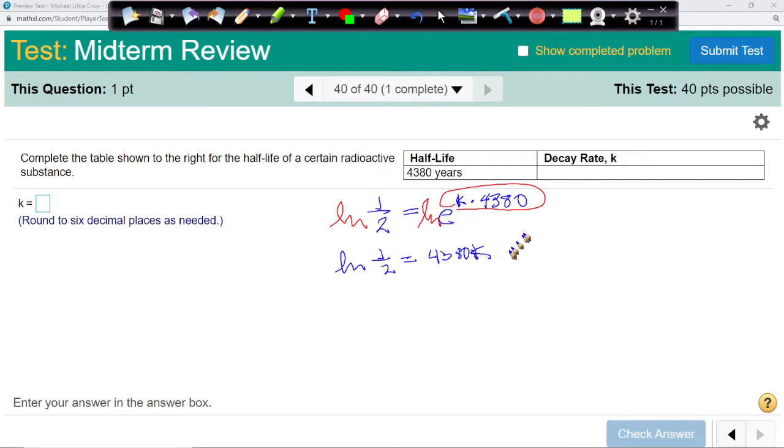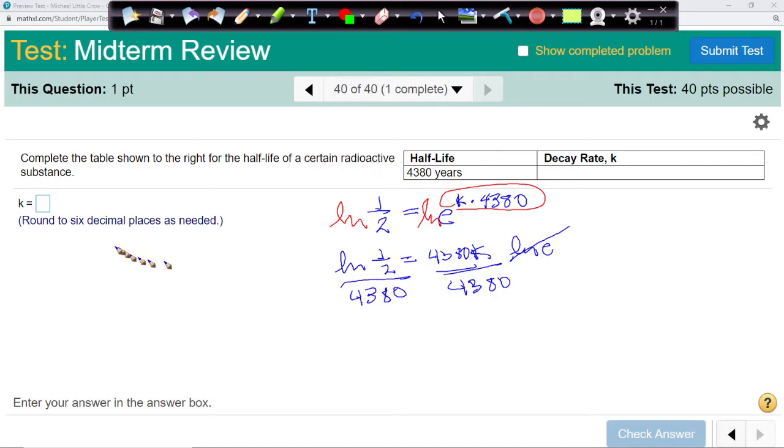Natural log of e is over here, but that's just 1, so it goes away. And then we divide both sides by 4,380. So again, it's just the natural log of 1/2 divided by the number of years it takes to have that happen. Now, if you remembered that, great. And maybe by the time you do this a few times, you'll remember it for the test.